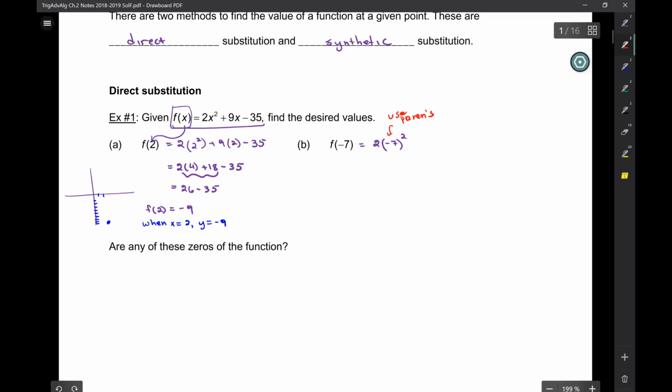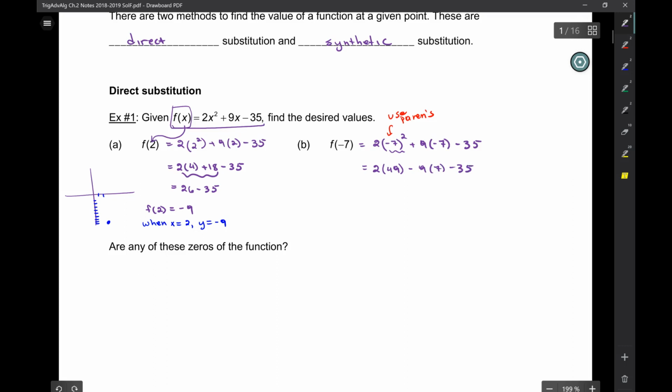So 2 times (-7) squared plus 9 times (-7) minus 35. So this is 2 times what? How much is that, negative or positive? 49. Positive 49.